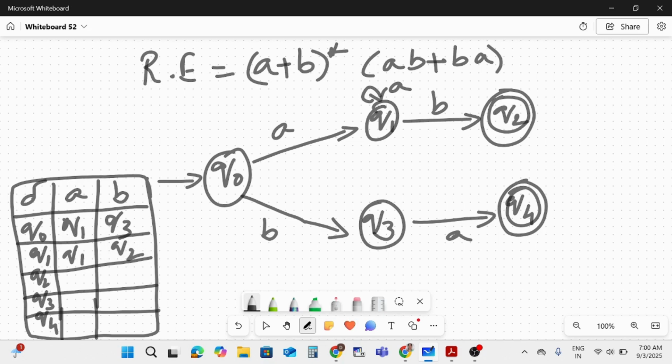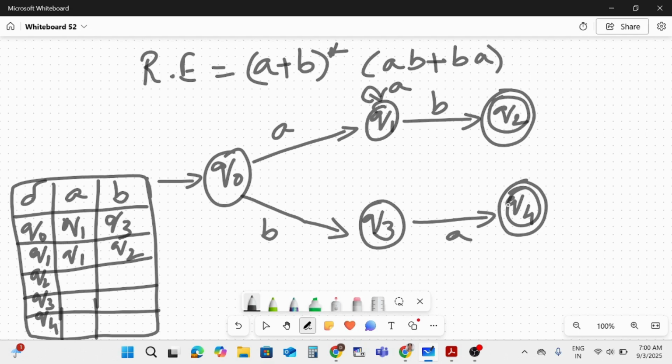Now coming to the state q2, for input a: by the time we reach the q2 state, we would have consumed the input ab. So if one more a comes, it is going to be ending with ba.